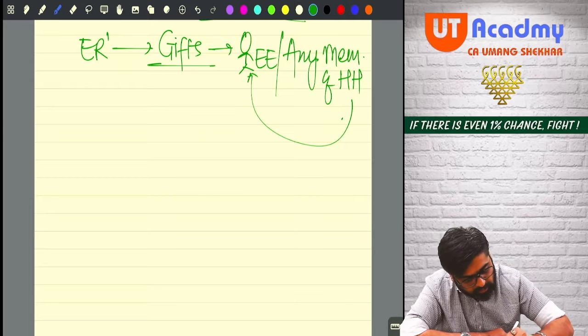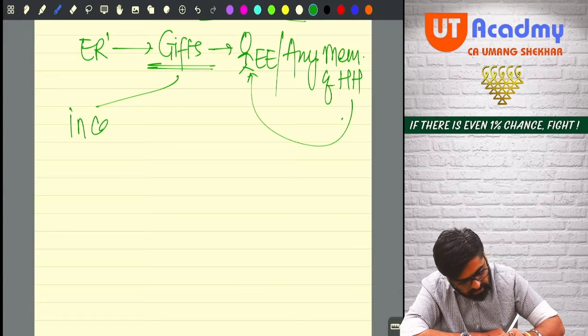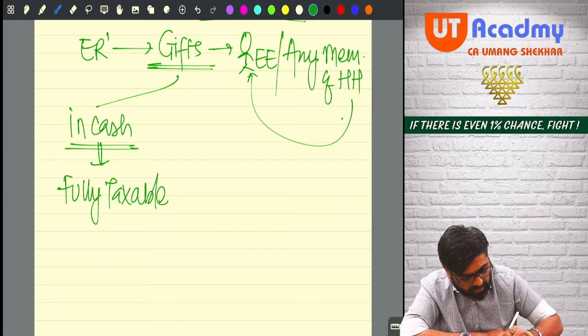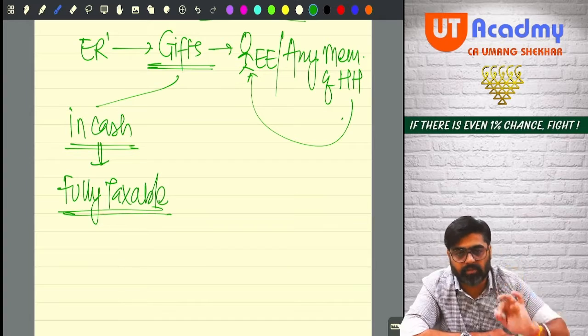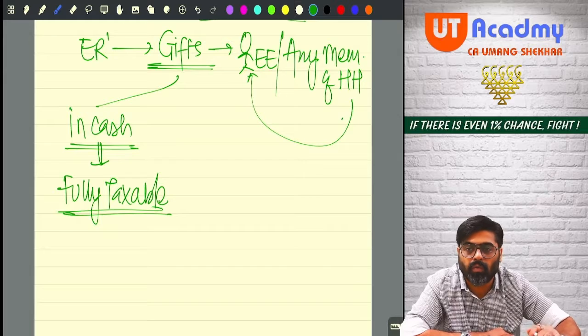Whatever gifts are given by the employer, if the gift is in cash, meaning a monetary gift, then whatever may be the amount, it will be fully taxable. Any gift given in cash by the employer to the employee will be a fully taxable perquisite, whatever may be the amount of that gift.